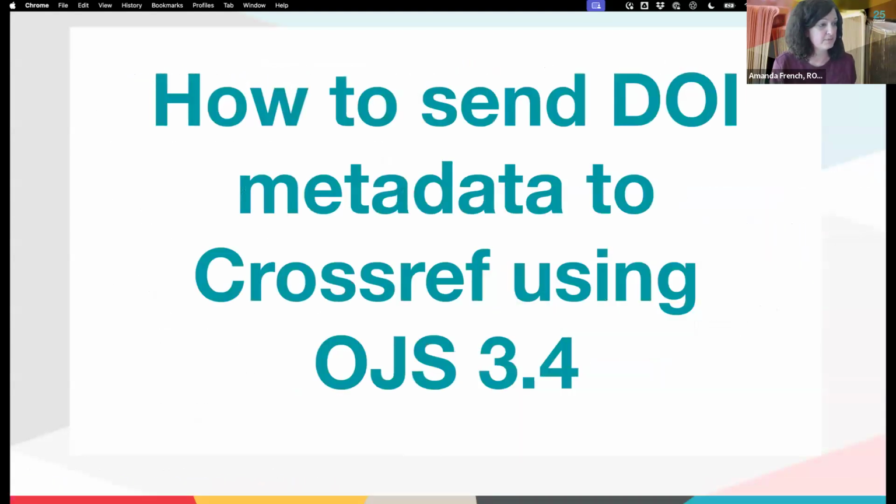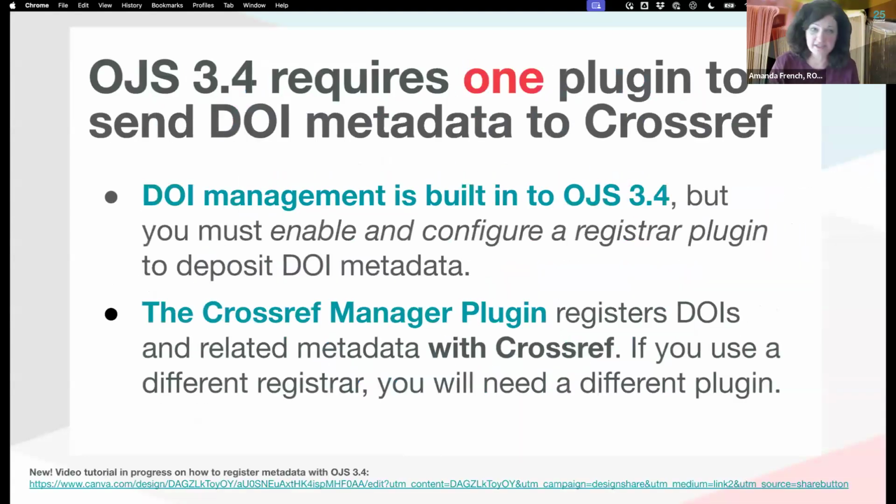But if you are using 3.4, you only need one plugin. That's one of the major differences, at least from our perspective, between 3.3 and 3.4. DOI management is built in as a core function to OJS 3.4, but you do still need a plugin that is connected to a particular DOI registrar in order to deposit DOI metadata.